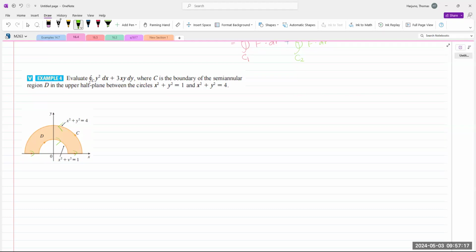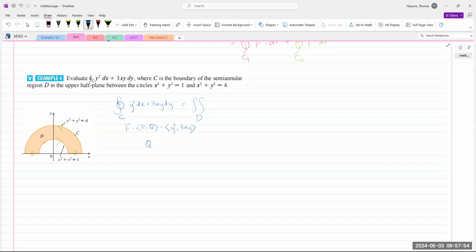Now instead of doing this integral of y squared dx plus 3xy dy, what we can do is rewrite that as a double integral over region D. Take a look, the vector field F, which is P, Q: P is y squared because that's the one corresponding to dx, and Q is 3xy because that's the one corresponding to dy.